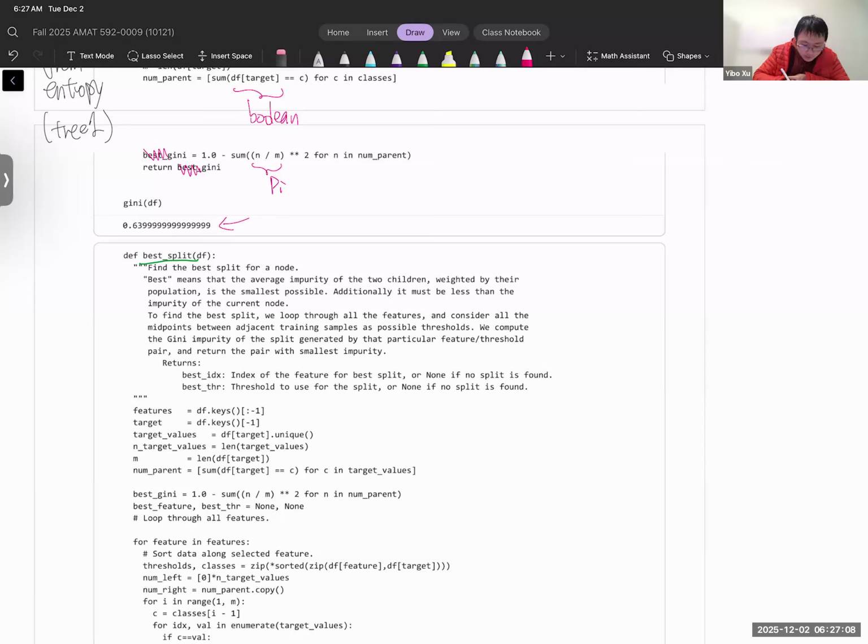So the best meaning that the average impurity of the two children is the smallest possible. Okay. So you are branching and you are also looking for the feature. Just now we have only accessed one feature, and then you don't really have a lot to do.